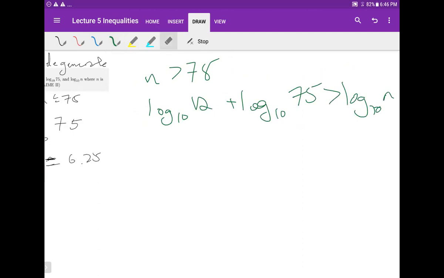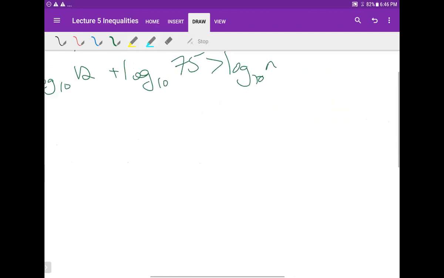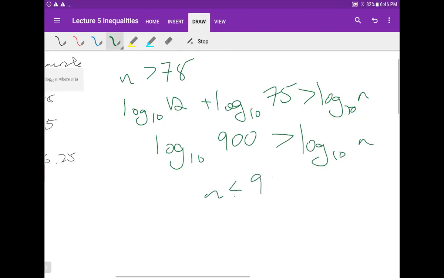And notice that we used strict inequalities, so strictly greater than and not greater than or equal to, because if we go back to the problem, it said positive area, and for non-degenerate triangles, it's a strict inequality sign, depending on how you manipulate the inequality. So if we continue using the property of logarithms, we have log base 10 of 900 is greater than the log base 10 of n, which means that n is less than 900.